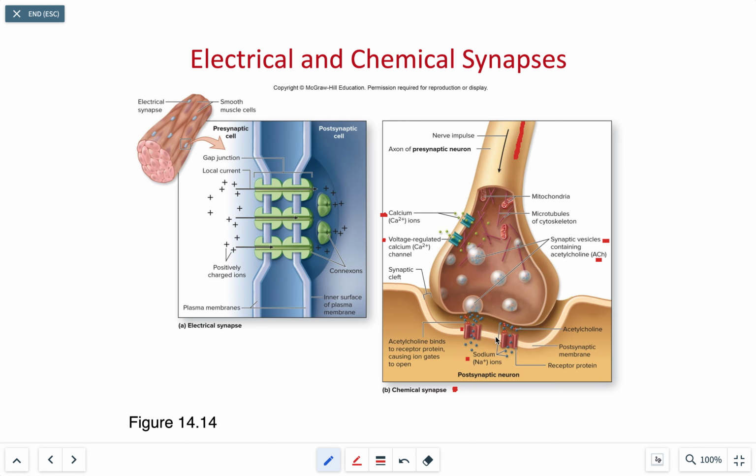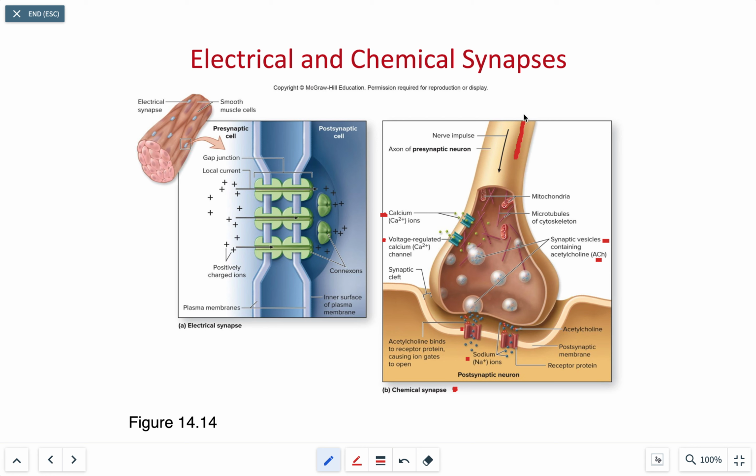And then what we see is the charge or the nerve impulse will then propagate along the postsynaptic membrane. Once this occurs, we see an enzyme called acetylcholinesterase, which will help break down the acetylcholine.